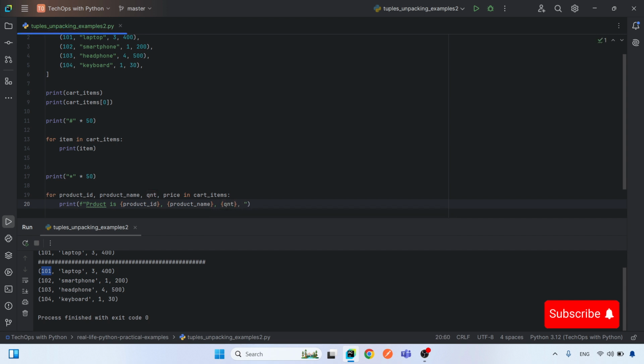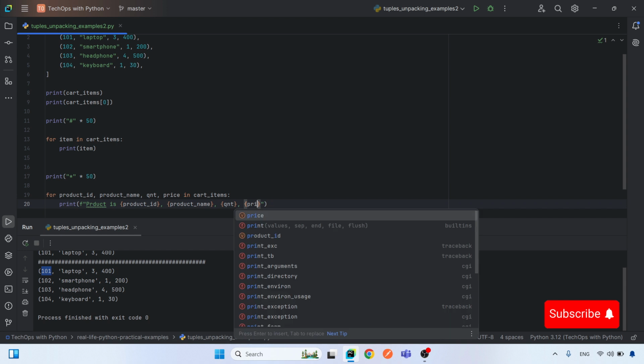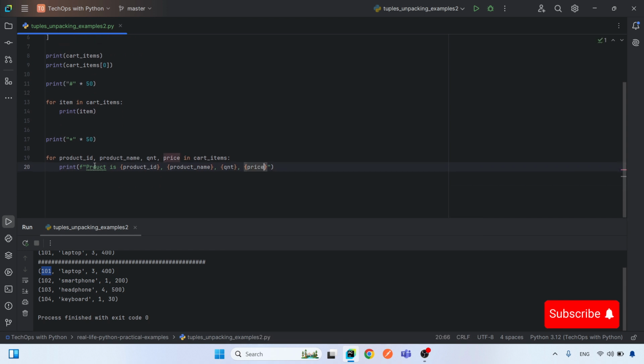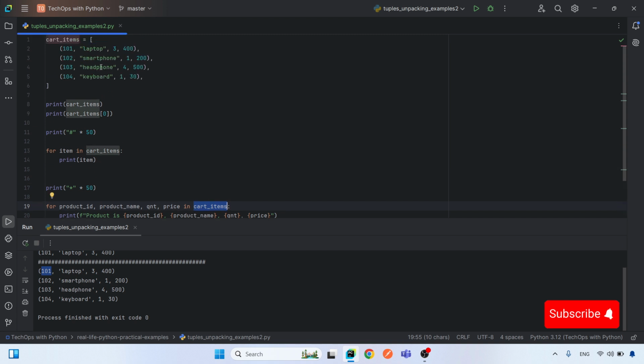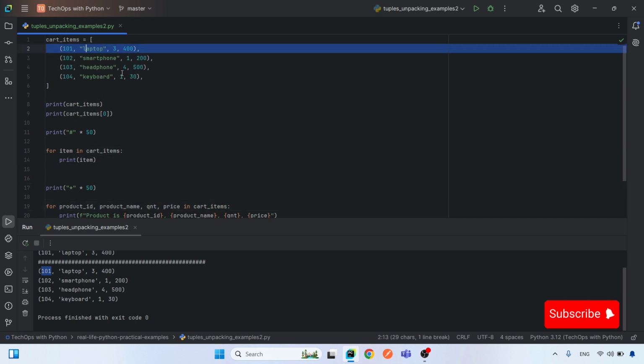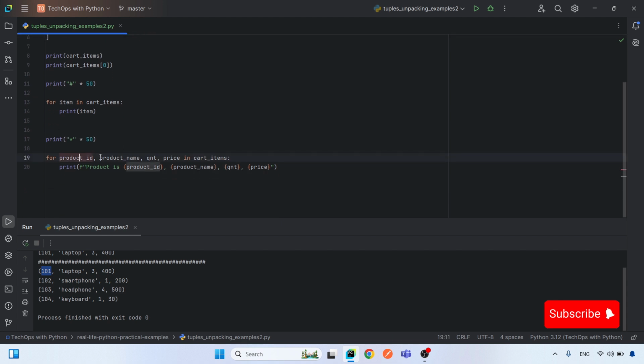The last one is price. Product. Yes, this means unpacking each value of each of the tuples to corresponding values to these variables.